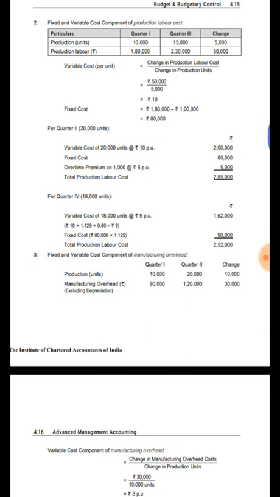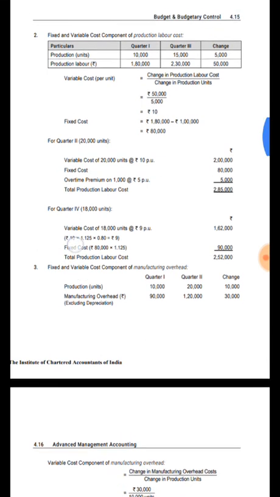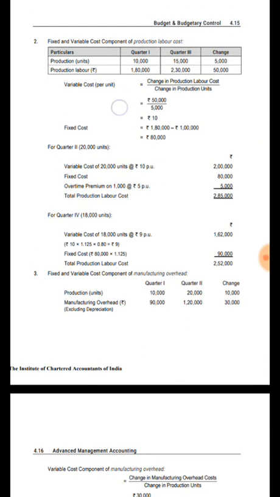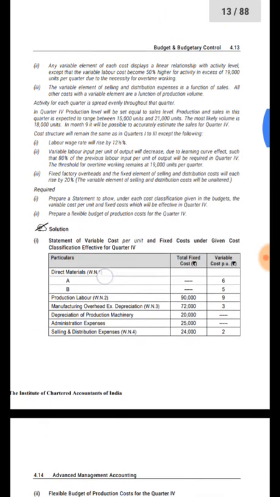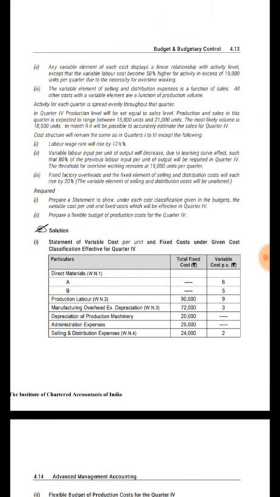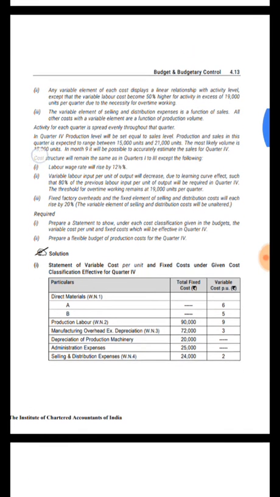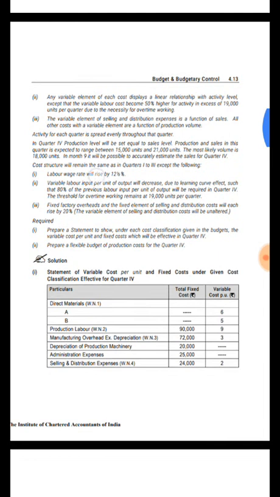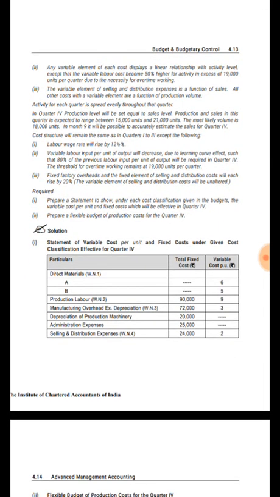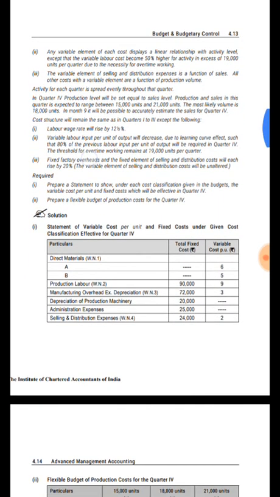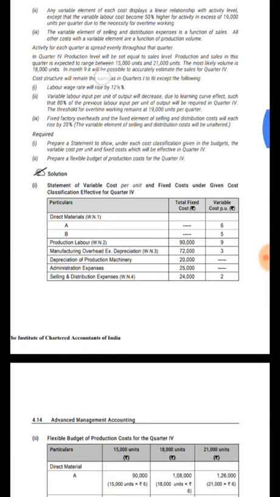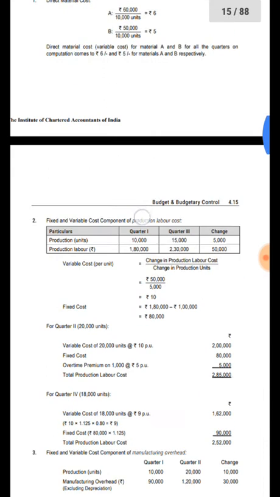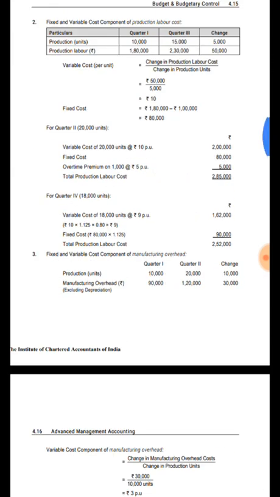Now quarter number 4, where variable cost is for 18,000 units, the most likely figure they gave. For quarter number 4 these are the changes: there will be a learning curve effect of 80%, and the labor wage rate will increase by 12.5%. So 18,000 into 9 rupees. How did 9 rupees come? 10 rupees was there already.